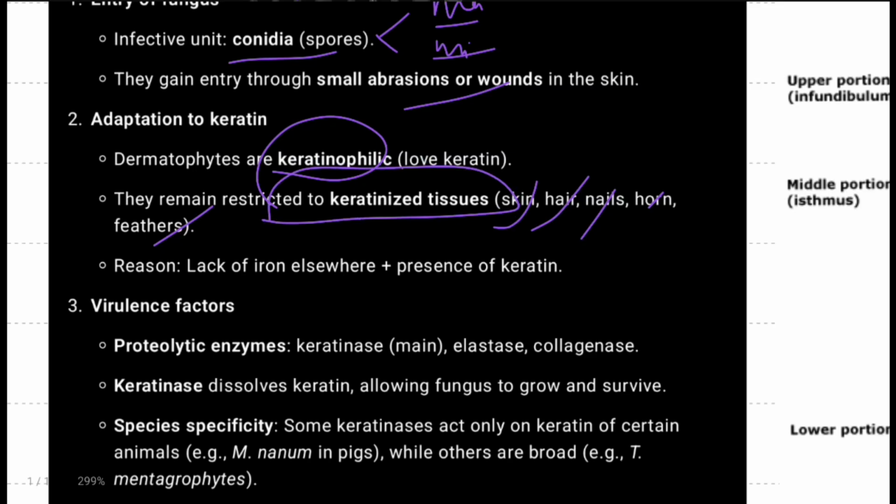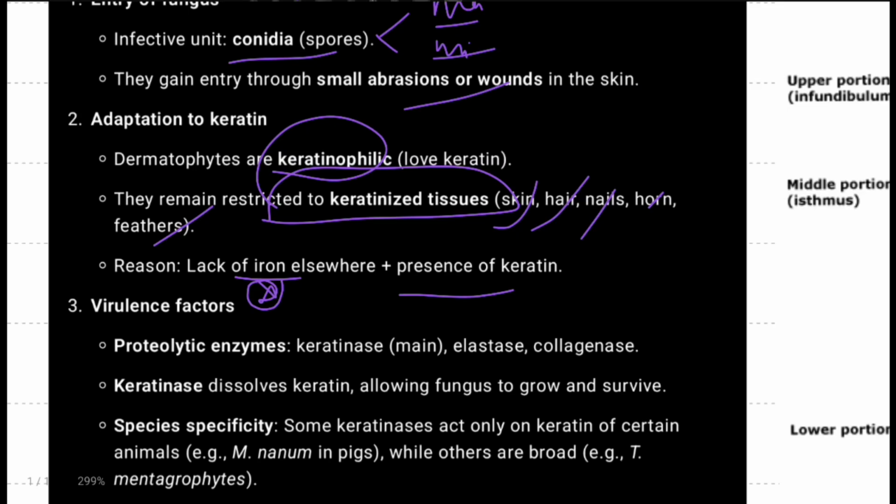The reason for this is the abundant presence of keratin in those areas and the lack of iron there. Another important point with respect to iron is that iron in the body is in general present deep inside the tissues. In the blood circulation it is in a bound form, usually in a complex with proteins such as ferritin and transferrin.